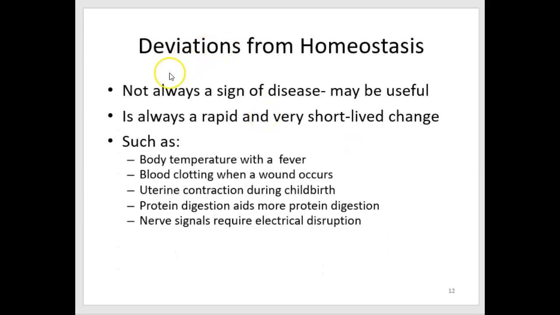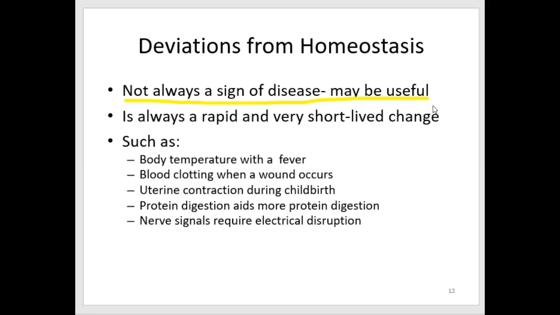Now, deviations from homeostasis aren't always a sign of disease. Sometimes it's really important to have a change from homeostasis. But if it occurs in a normal situation without disease, it's always a rapid and very short-lived change. Or at least it should be. For example, fever, right? You don't want fever to go on forever, right?